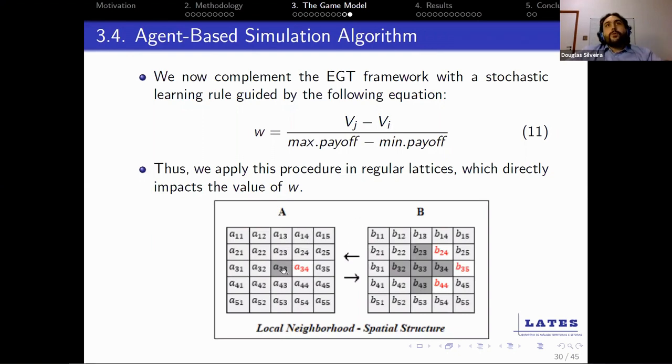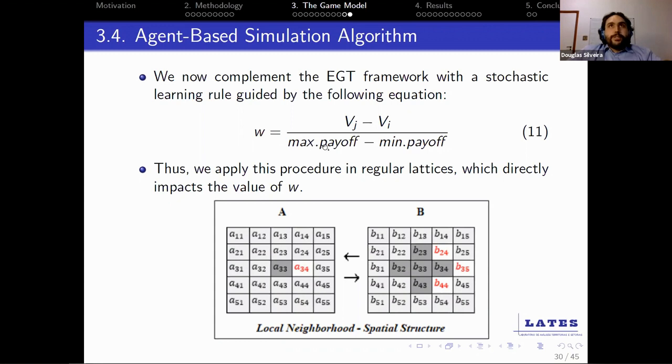And then it will compare its payoff with A34, which will compete with B34, B44, B24, B35, and B33. So we also take the average payoff earned by A34, and we see the difference. Every time that A34 performs better than A33, A33 can mimic A34's behavior with this probability.